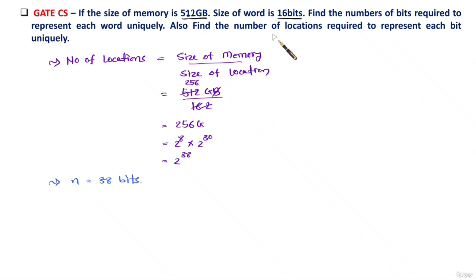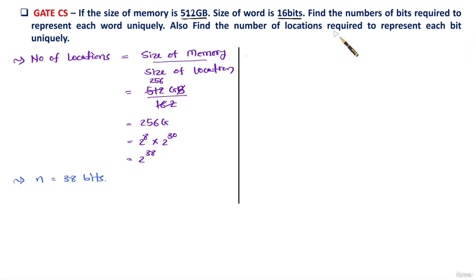Also find number of locations required to represent each bit uniquely. See, previously we were calculating locations for size of word with 16 bits. But now the question is number of locations required to represent each bit uniquely. So memory is same, but now size of word is a bit only, right?